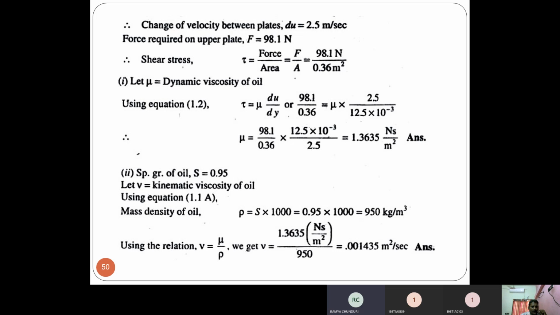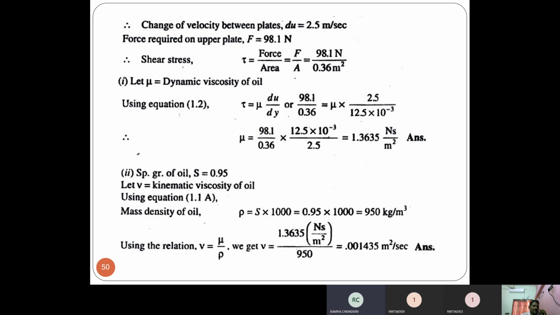Now, shear stress tau is equal to force by area. Force given, area also given, 98.1 by 0.36. Now we are assuming let mu is equal to dynamic viscosity of the oil. So by using the above equation, tau is equal to mu into du by dy.